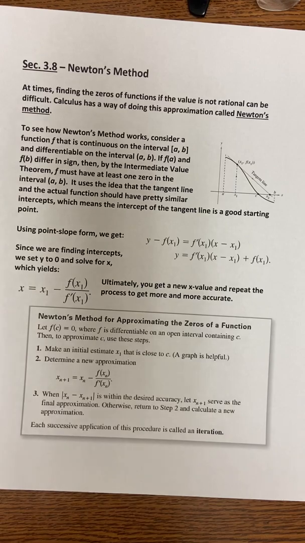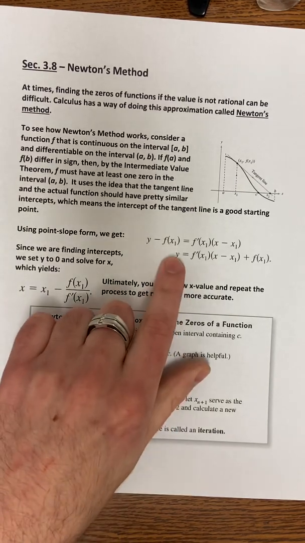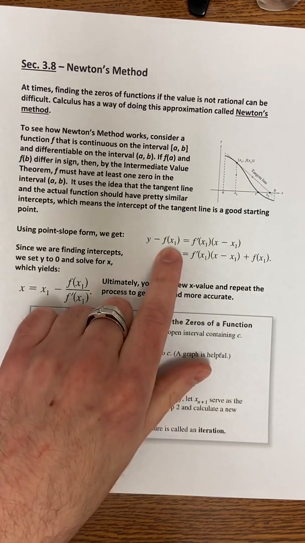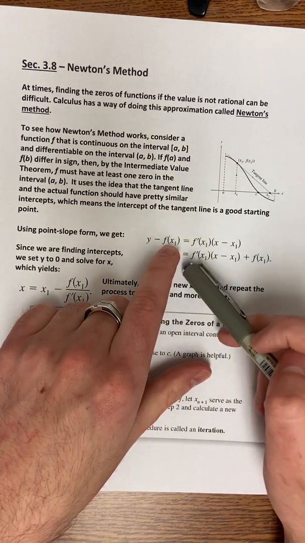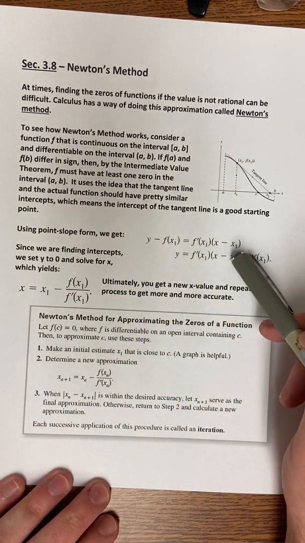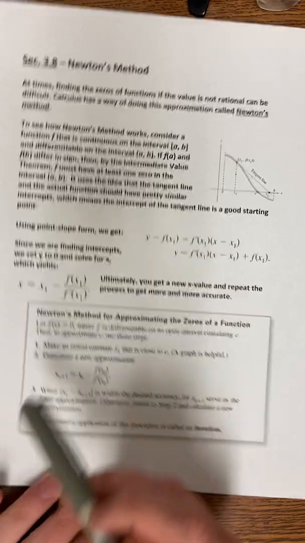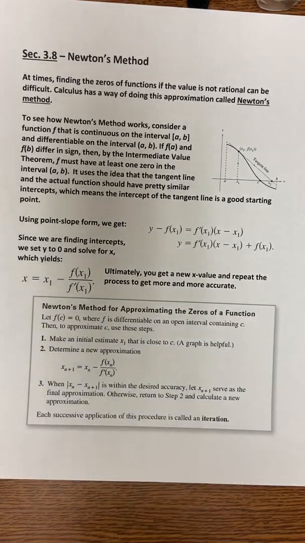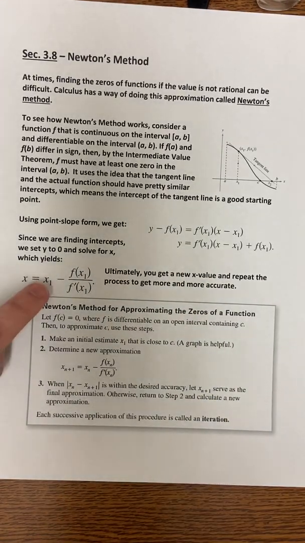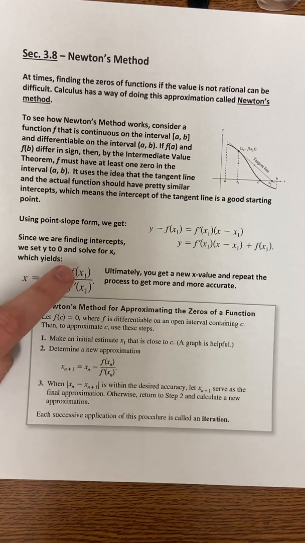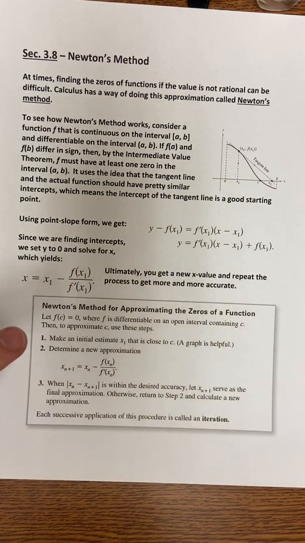But since we're looking for zeros, we know y equals 0 in this equation, and then I can solve for x by moving f of x1 to the other side, dividing by my derivative, and adding the x1 to the other side, and you get this. The new x approximation is equal to our original x value minus the y value at that point divided by the derivative at that x value, and that's called Newton's method.